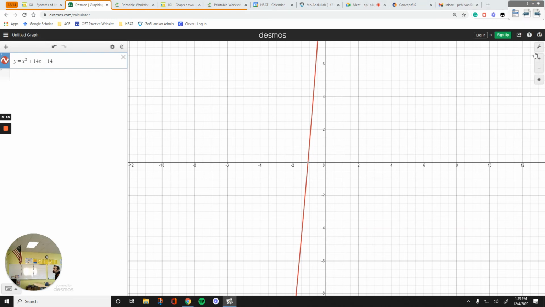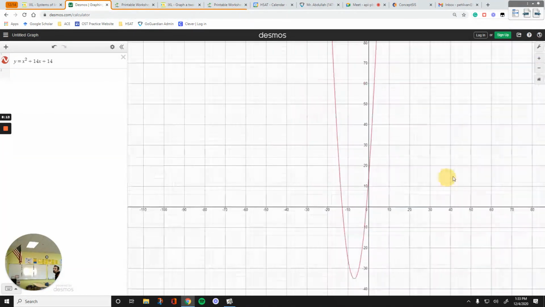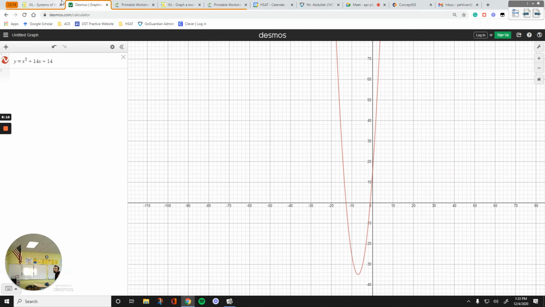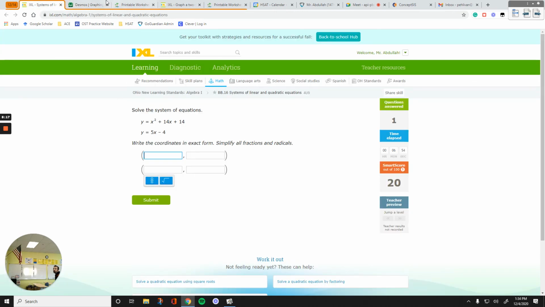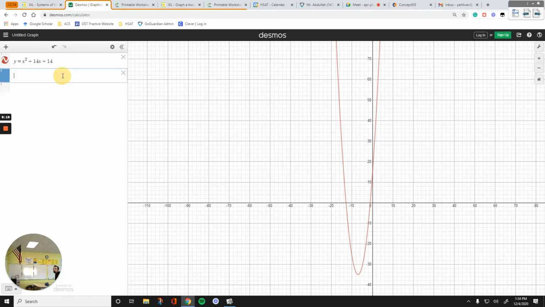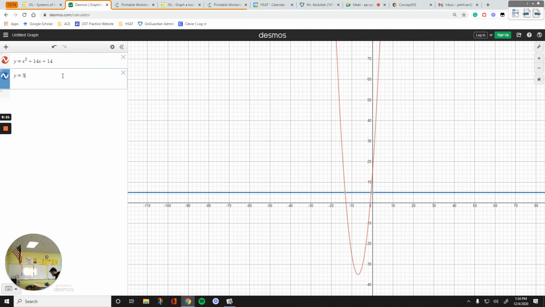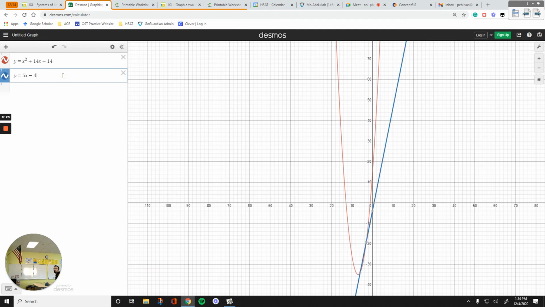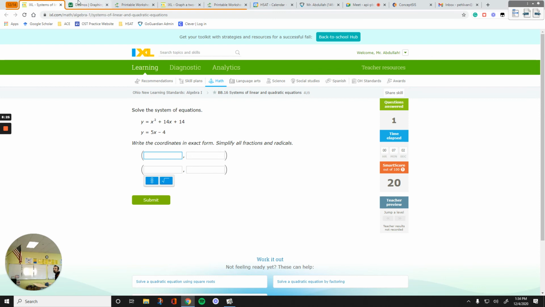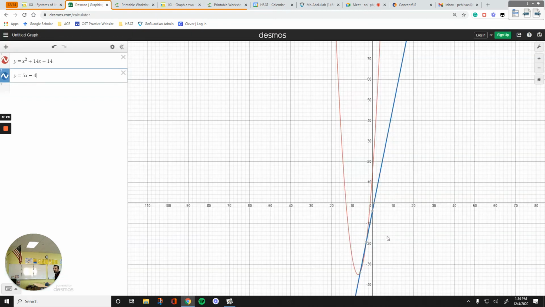Okay, let me just get rid of this and then keep zooming out. You see, this is the first graph. Y equals 5x minus 4. So they are going to touch each other at 2 points. Those are my solutions.